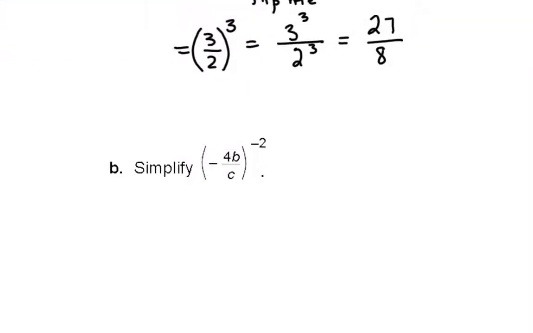Okay, looking at our friend B, which obviously looks a little bit more challenging. First thing I see, that negative exponent. So we need to flip. This then gives us, the negative is still there, negative c over 4b to the positive 2. Lost my spot there for a second.